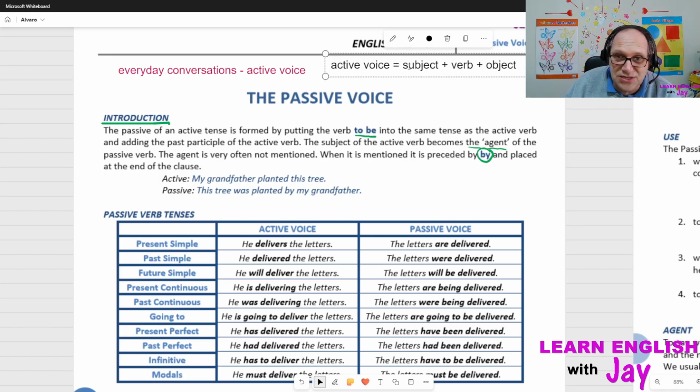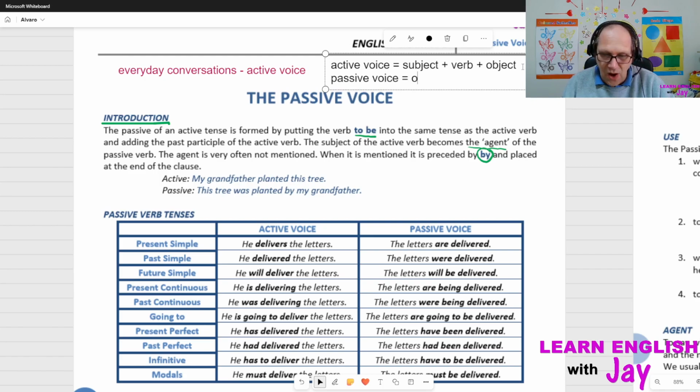Now, when we change this, the subject of the sentence becomes the agent. The agent is the person performing the action. For passive voice, it changes a little bit.